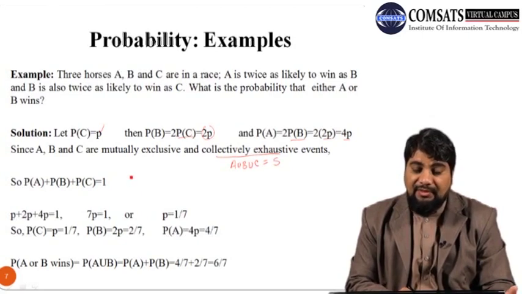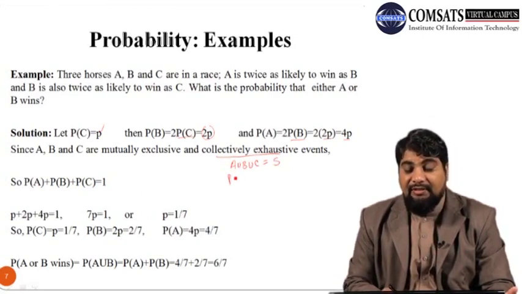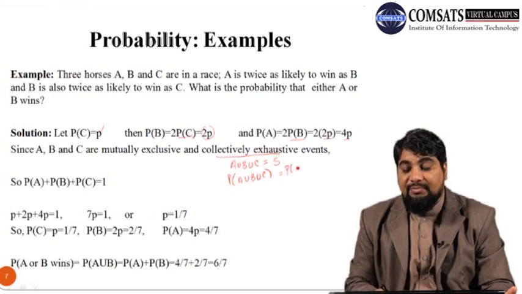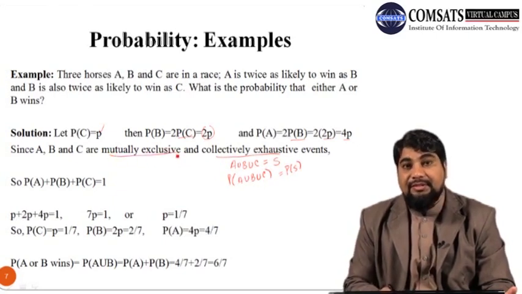So if we take probability on both sides, here A union B union C, and here it is probability of S. Since they are mutually exclusive, nothing is common between the three.